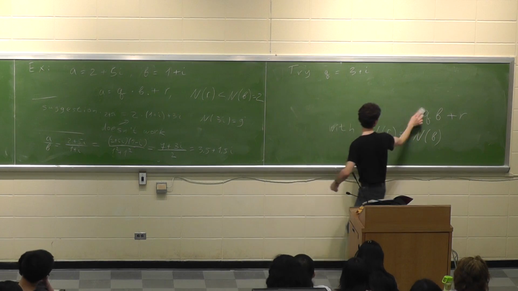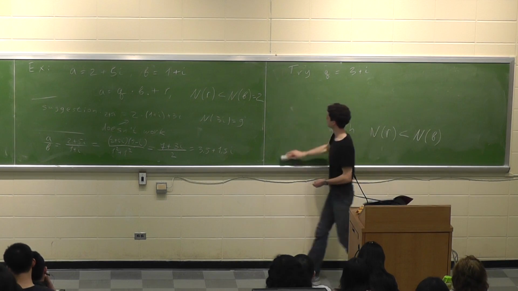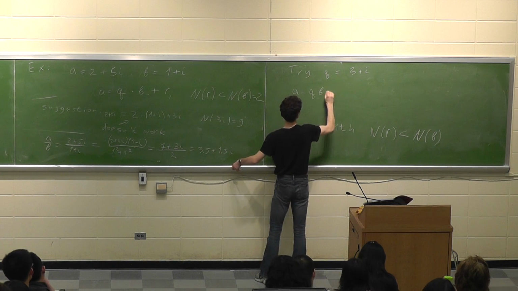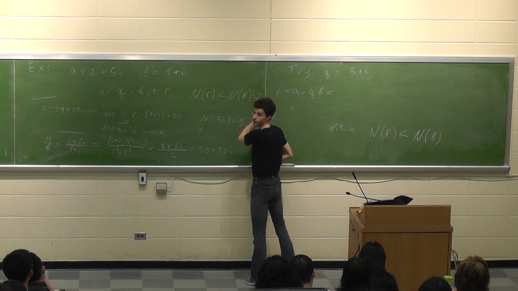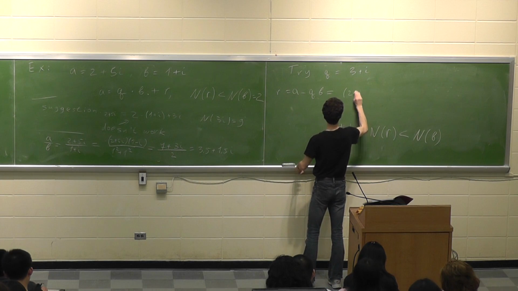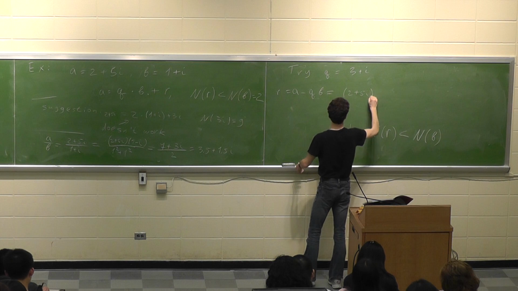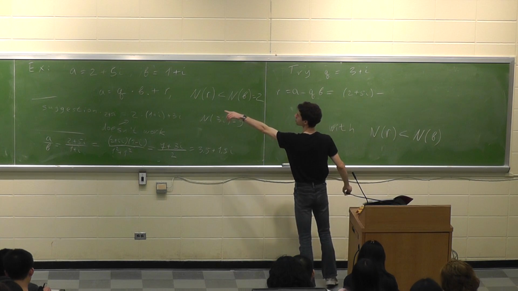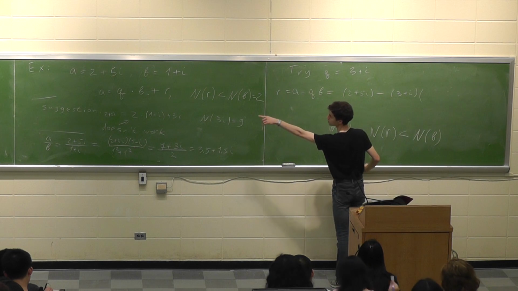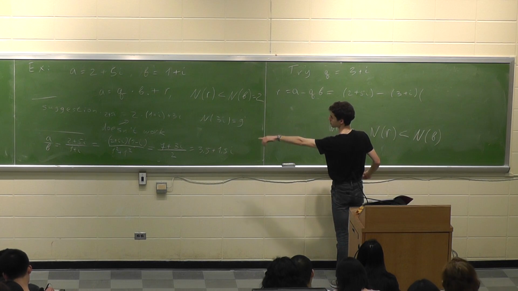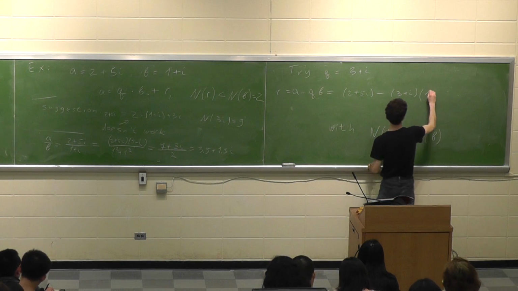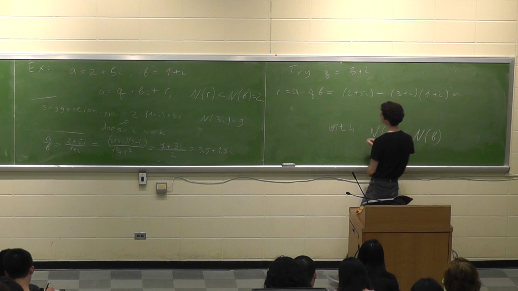Well, let's see. What is A minus Q times B? What is the remainder? It's 2 plus 5i minus Q, which is 3 plus i, times B, which was 1 plus i.